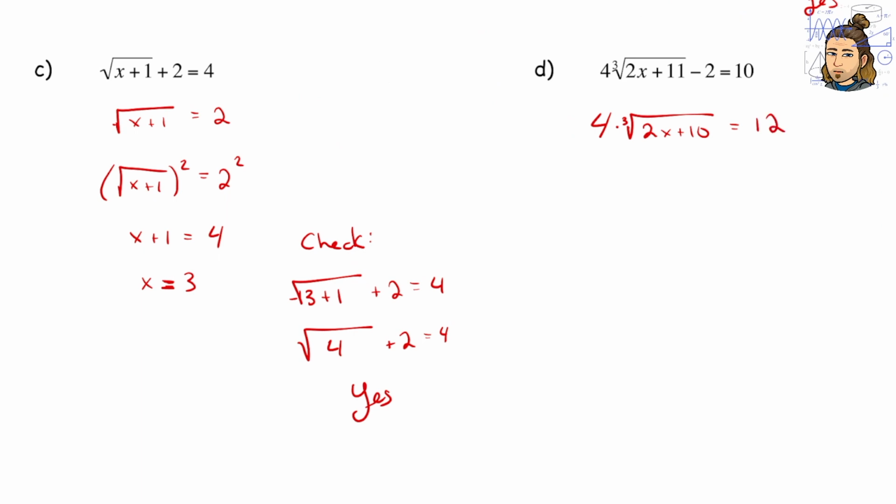Continuing the process of isolating the radical, we're now prepared to raise each side of this to the same power to eliminate the cube root. We can now simplify. Oh, my apologies. I was writing the wrong number there. It's 11.